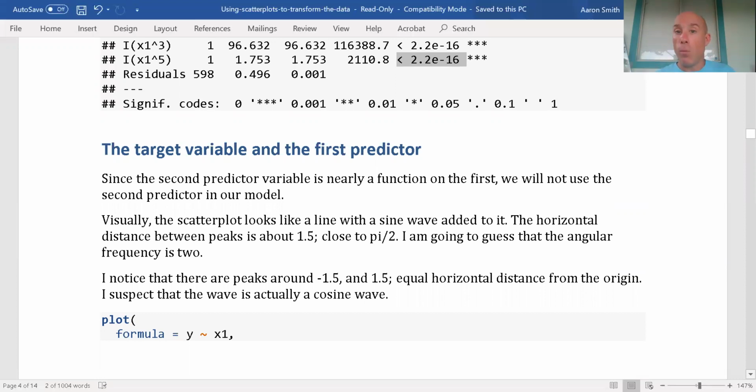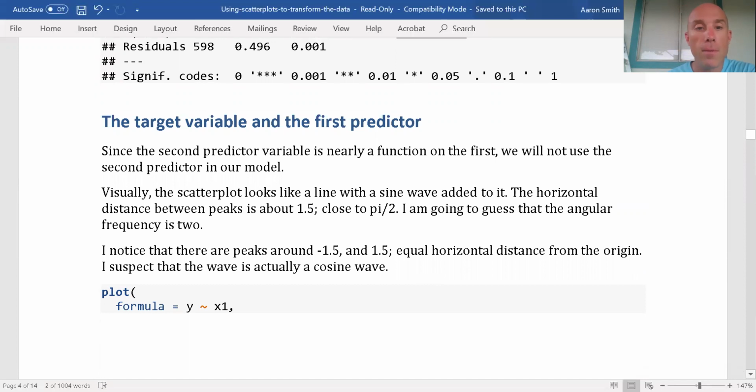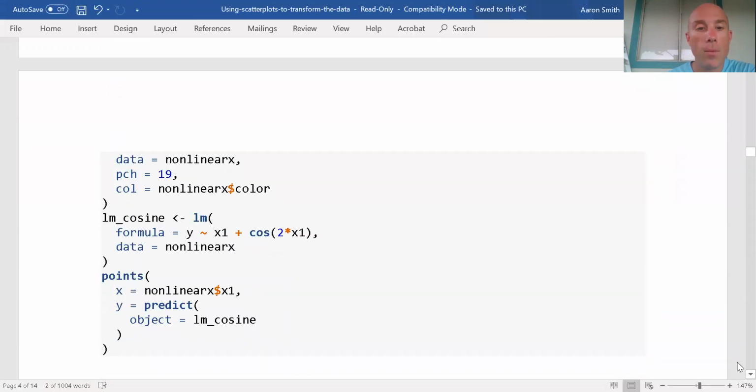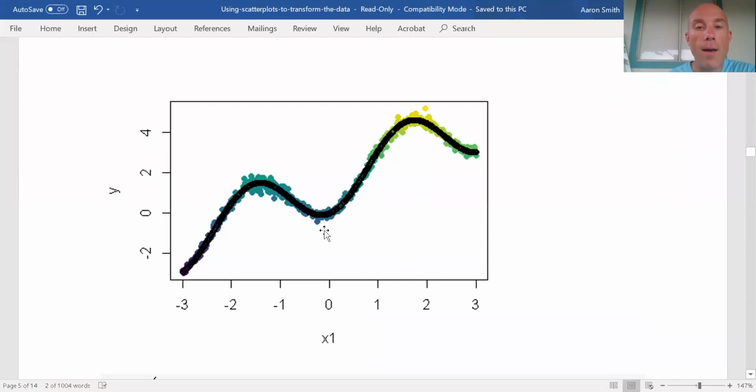So this one was a more complicated scatter plot. Okay, so when I look at it, let's see, where is it? I see that when I go from here to here, horizontally, that's about 1.5. All right, so 1.5, that's close to pi over 2.